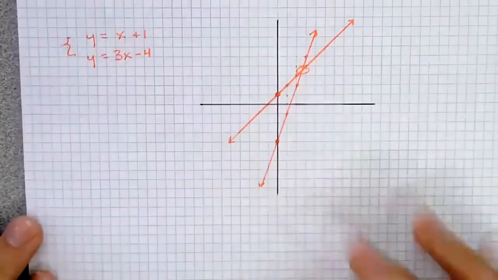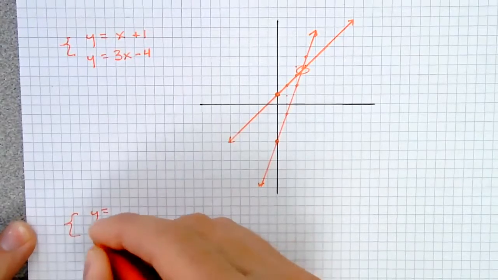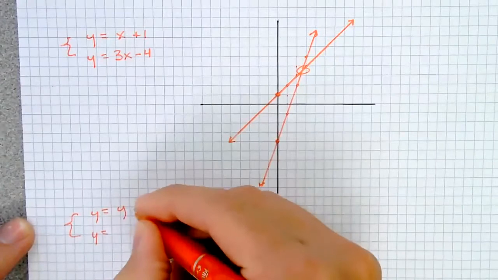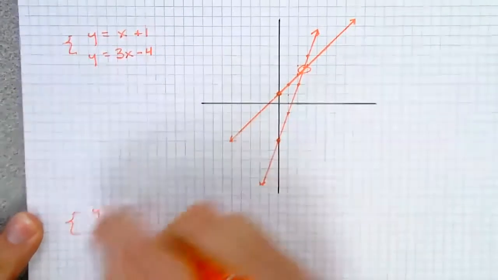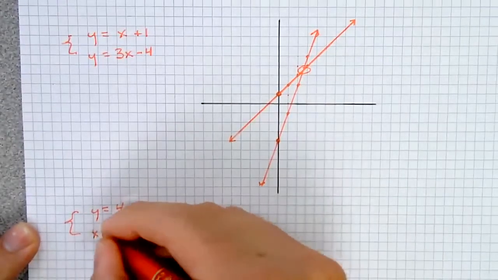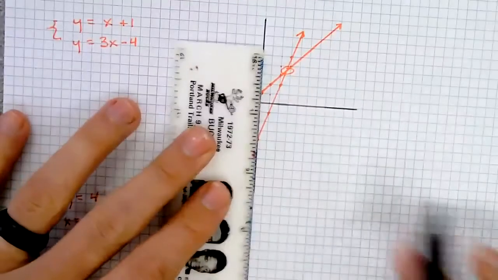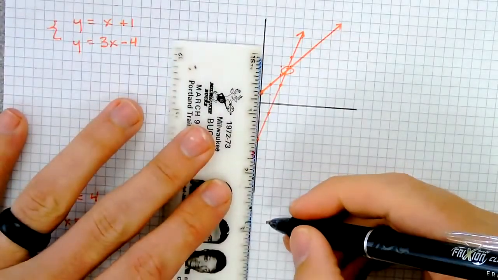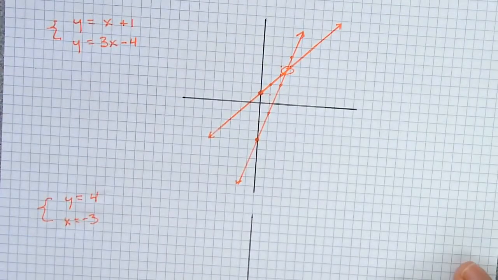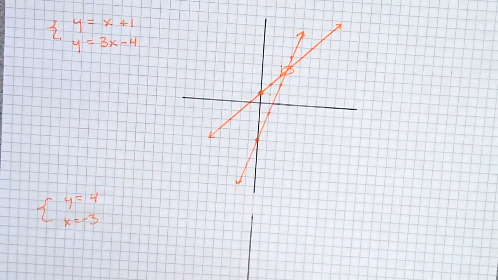We'll try one more here. Let's do this one actually. y equals 4, x equals negative 3.